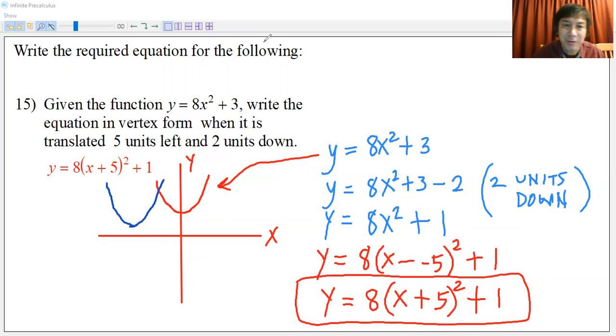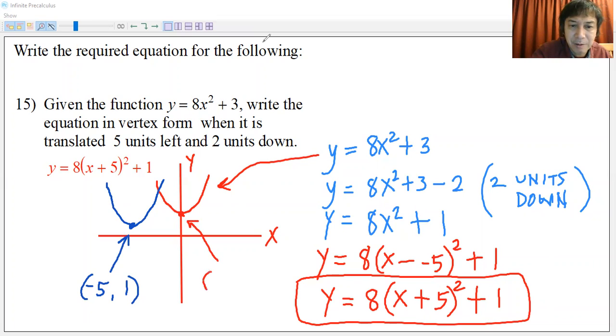The point here is negative 5, 1. How about the other point? This point is 0, 3.